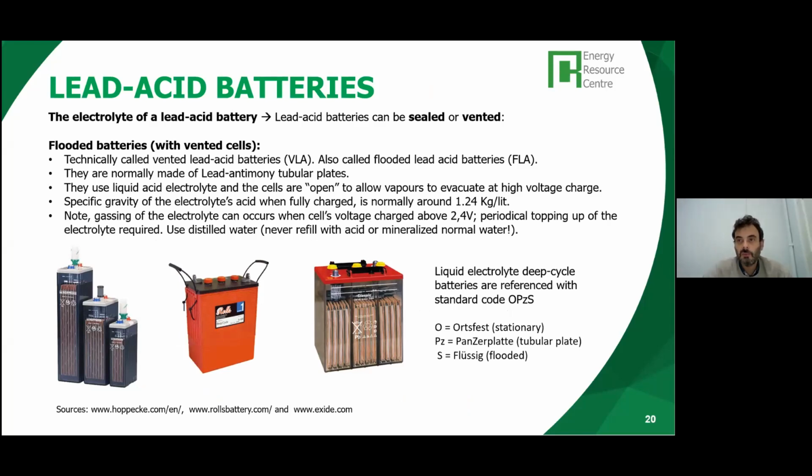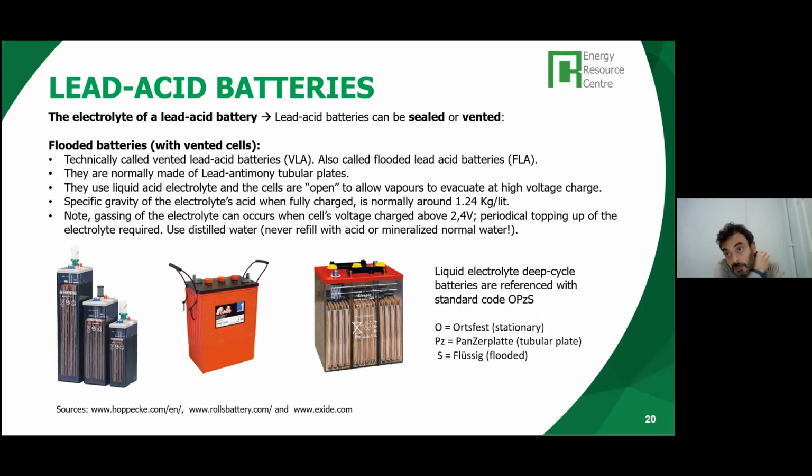Normally, when we refer to lead acid batteries in the solar sector, we implicitly mean this type of battery, the flat plate or tubular plate, deep cycle, stationary batteries. This type of battery can essentially come in two manufacturing arrangements: sealed or vented.